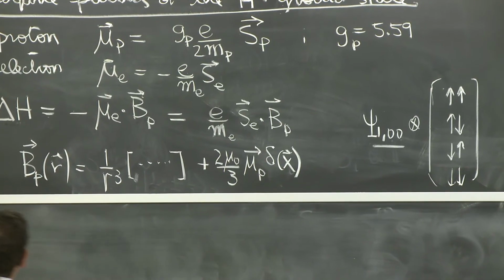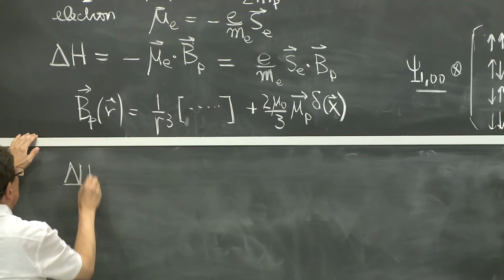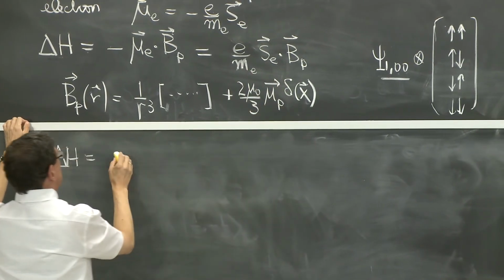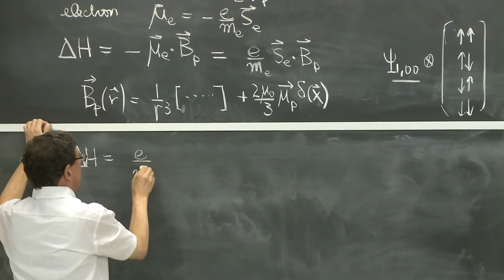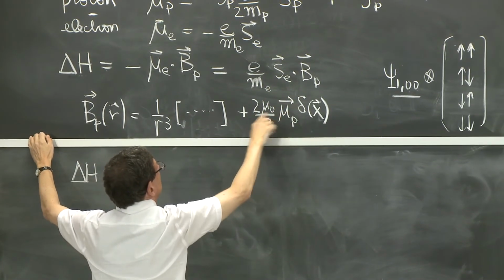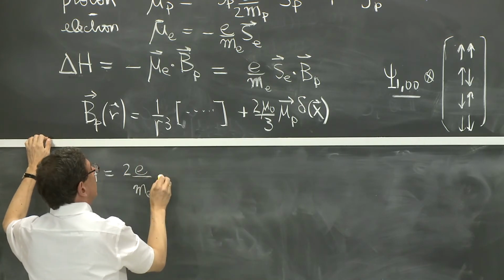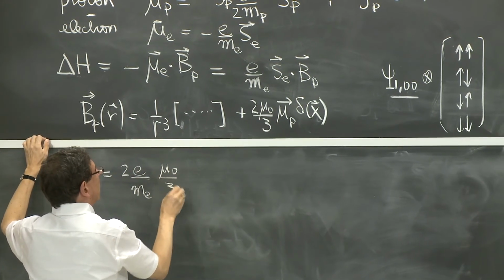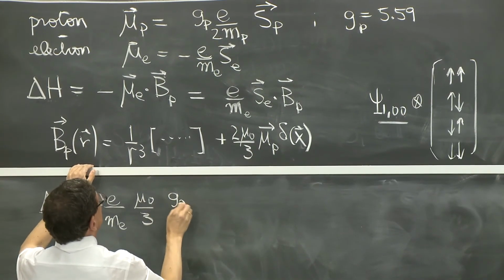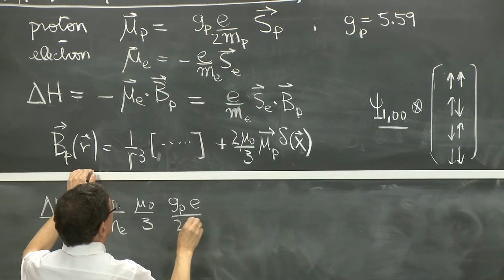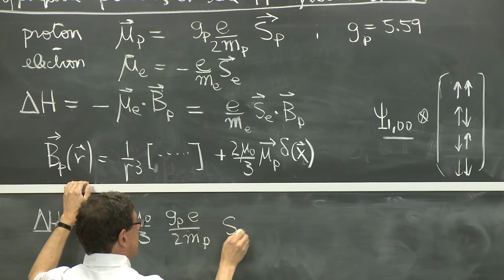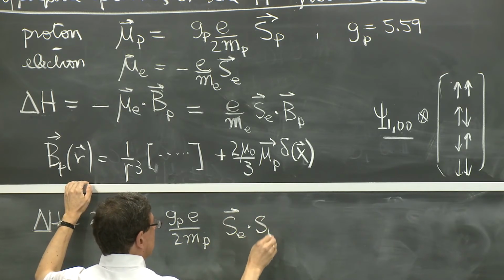Let's see what happens to delta H. Delta H effectively will be, look at all this thing, e over me, SE, but BP will have this 2 mu 0 over 3 mu p, and mu p is gp e over 2 mp sp, so you get SE dot SP.